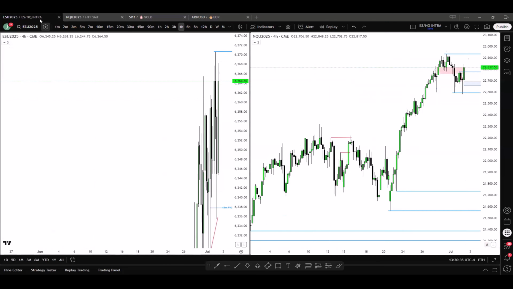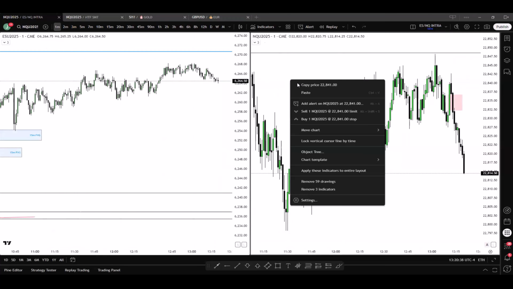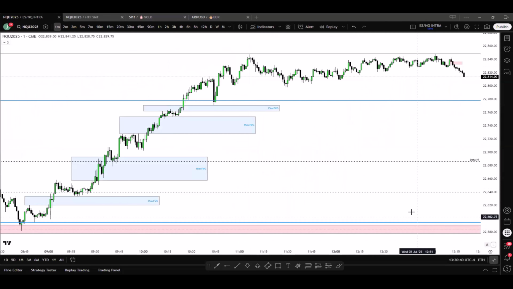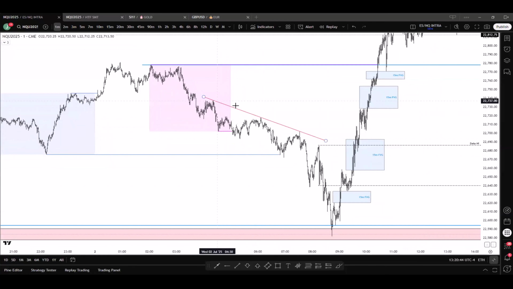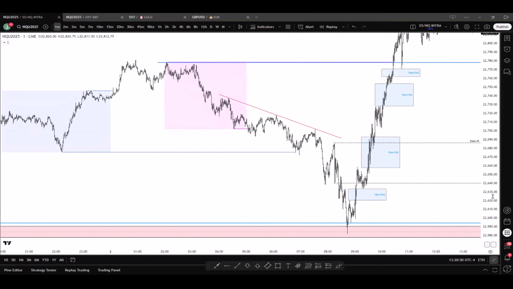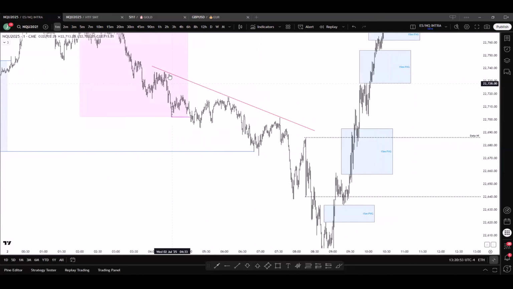And coming in this morning, if you're marking up your charts properly, you have to have this drawn out. When you have this drawn out, these liquidity levels, this is not an accident that these are perfect. It's not an accident. It's engineered liquidity. We see it all the time.